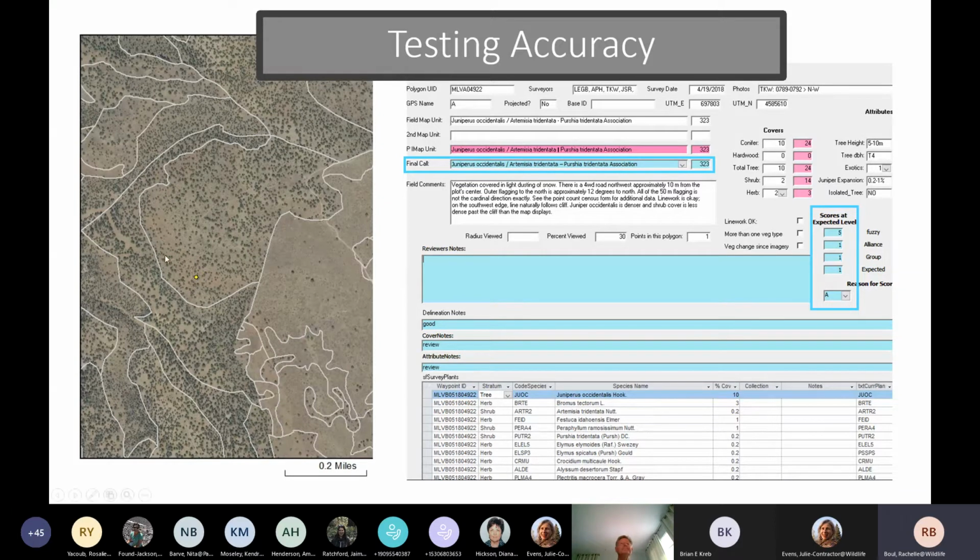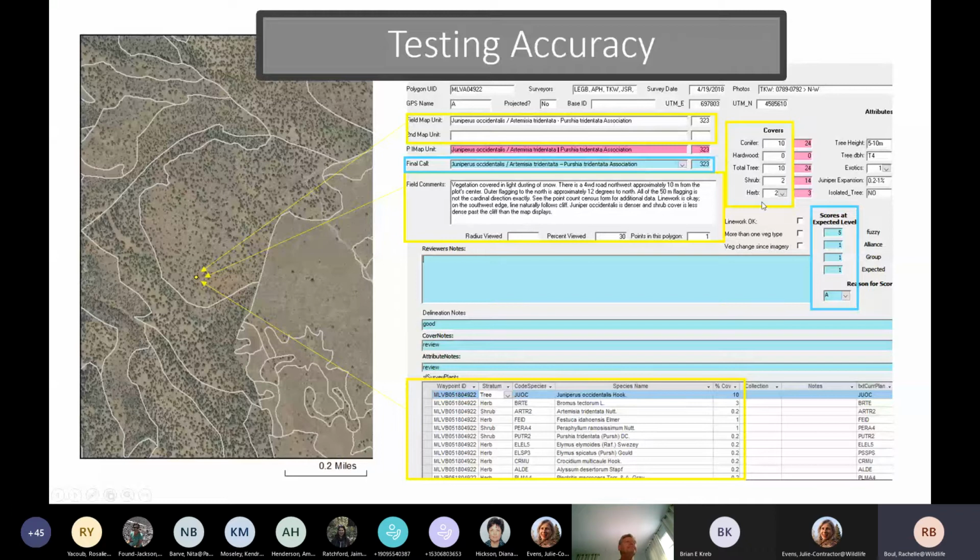So here's our polygon that we've been looking at this whole time. This point here is an accuracy assessment of this polygon. And you can see here in yellow, these pieces of data that have yellow blocks around them are the data that was collected in the field for this accuracy assessment. You can see that they called it juniper with big sagebrush and bitterbrush.